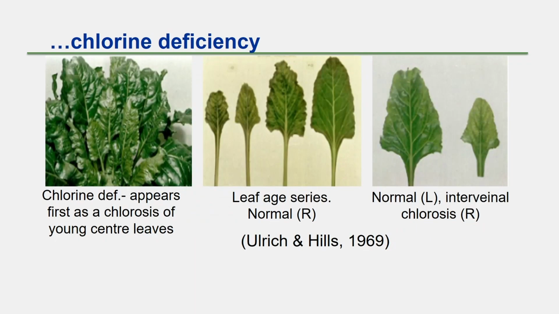You can see chloride deficiency symptoms appear first as a chlorosis of young center leaves. In the leaf age series, you can see how the symptoms are progressing with the advanced stage of deficiency, and finally you can see a normal leaf and intervenal chlorosis in the right leaf.